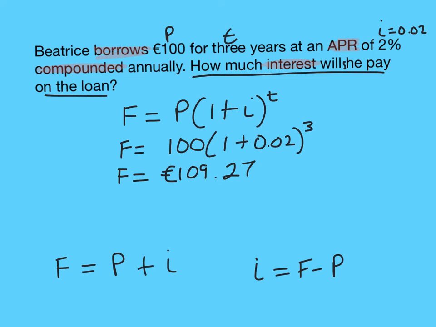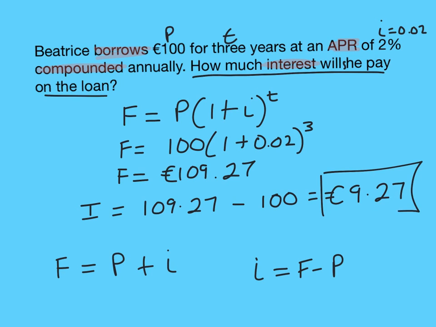Now, not finished, because it asks us how much interest will she pay on the loan. So I'm going to say interest equals my final amount, 109.27, minus my principal amount, which is 100, and that gives me €9.27 that she's going to pay on the loan.